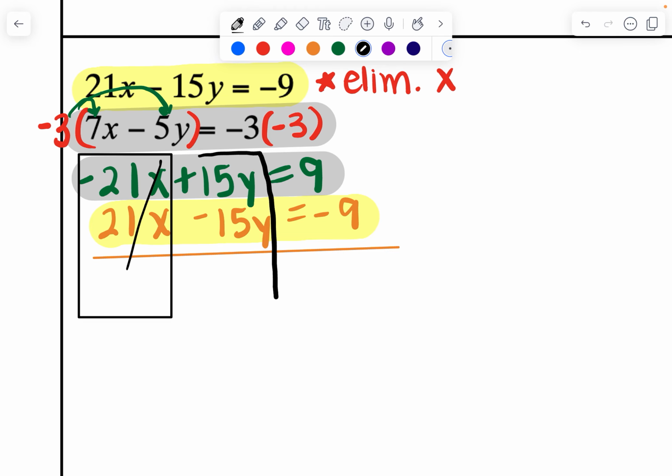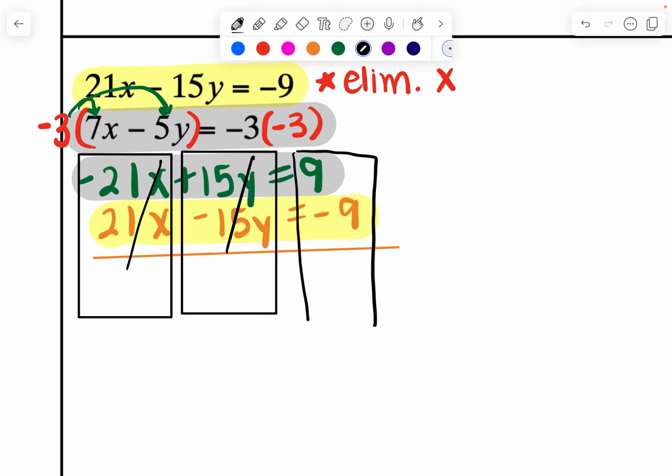If I look at my positive 15y minus 15y, well, those also go away. And then over here, my positive 9 and negative 9 also go away. So technically, I guess I would have 0 plus 0 equals 0.